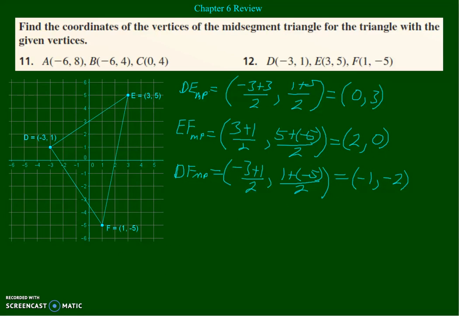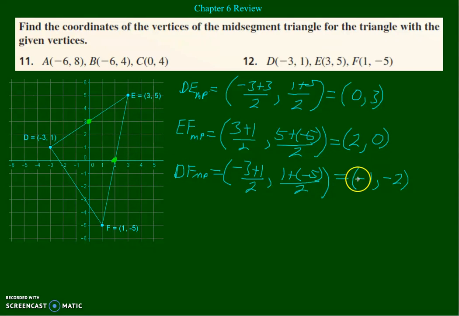So let's go ahead and put in those points. First of all, we have 0, 3, which is going to be right here. Then we have 2, 0, which is right here.